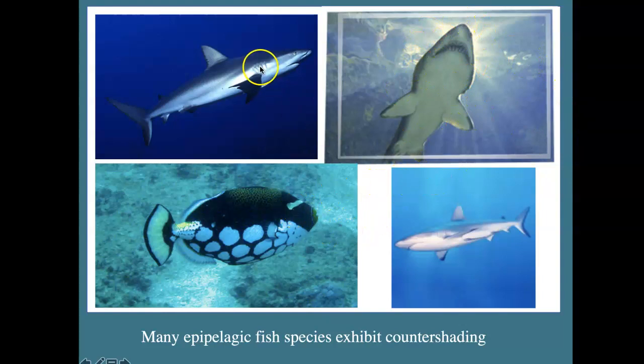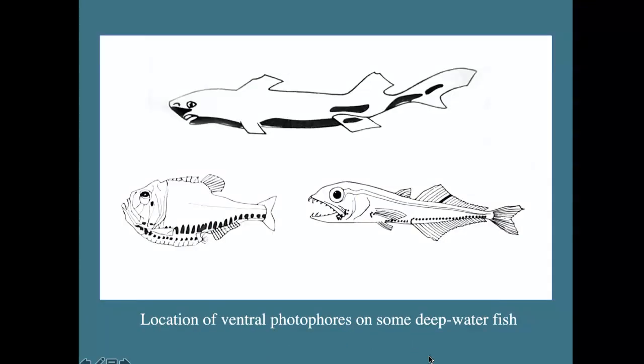And then of course the reverse happens. As you're looking down at the fish, it's going to have this dark backside as you're looking down into the dark depths of the ocean. They'll have this darker backside. And so we call that counter shading. And many of your epipelagic fish will have this counter shading.